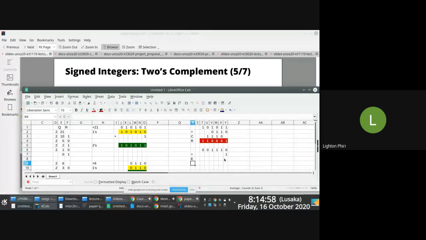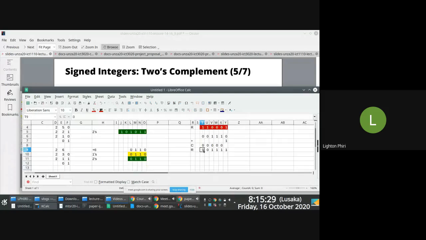Carry bit and the result here, right? 0 and 1 is 1, remainder 0. 1 and 0 is 1, remainder 0. 1 and 0 is 1, remainder 0. 1 and 0 is 1, remainder 0. 0 and nothing is just 0.